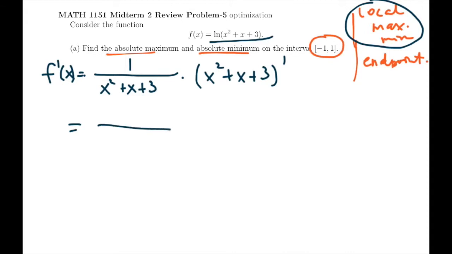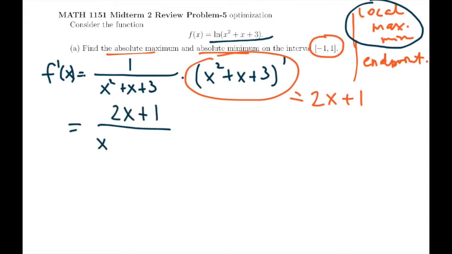For this part, its derivative is given by 2x plus 1. So if we combine the two pieces together, we know that f prime is given by 2x plus 1 over x squared plus x plus 3.